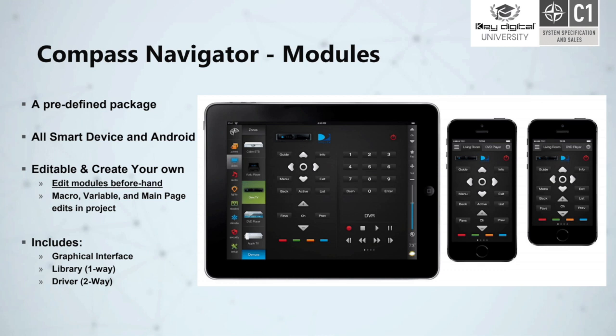So because of that, we have to limit what you can and cannot manipulate with modules, but you can manipulate modules. You would have to edit those modules themselves, not in the project, but the modules themselves, which we'll get into in the C1 Programming Plus portion of these videos.